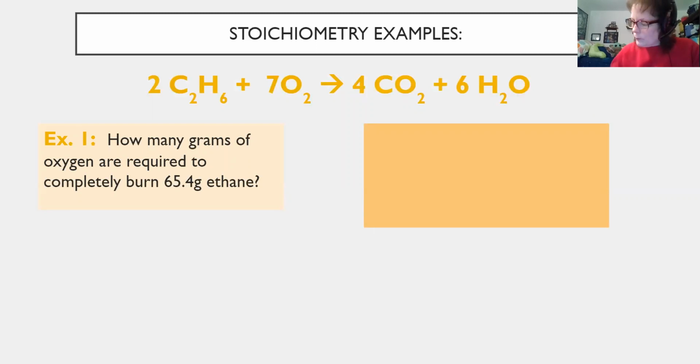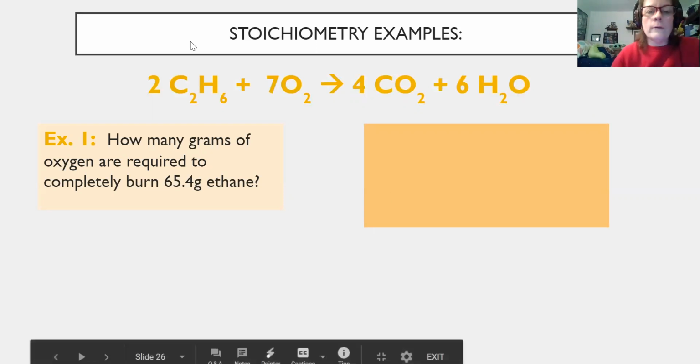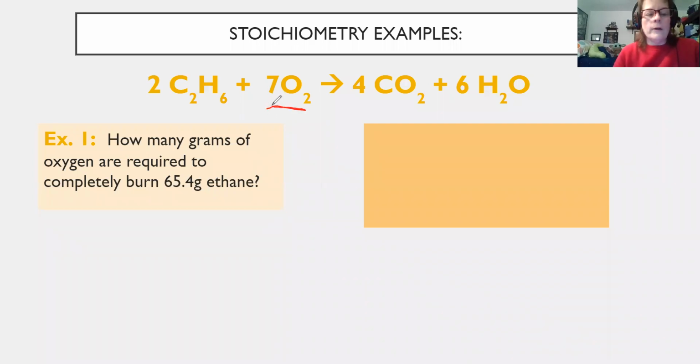So let's look at example 1. How many grams of oxygen are required to completely burn off 65.4 grams of ethane? And this is ethane right here.